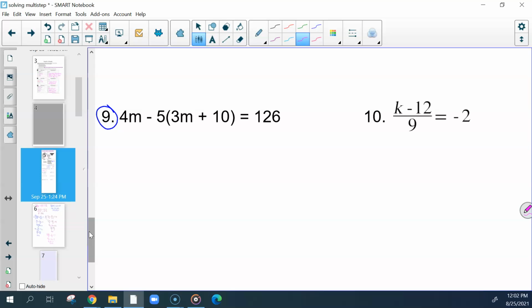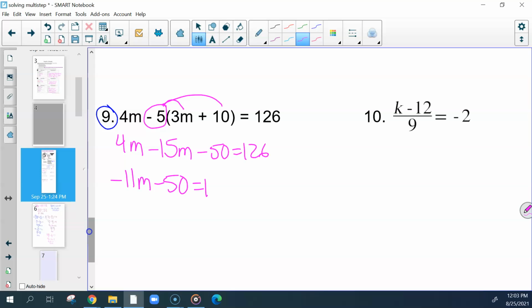Multiply 5 to the 3m, and make sure that's a negative 5 that you're multiplying, and 4 minus 15. From there, what would you do? Divide by 3. Okay. So 4 minus 15 is going to give us negative 11m.